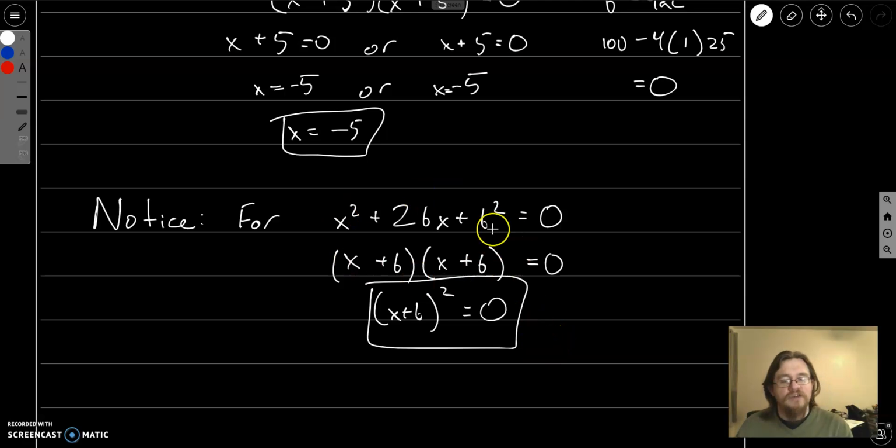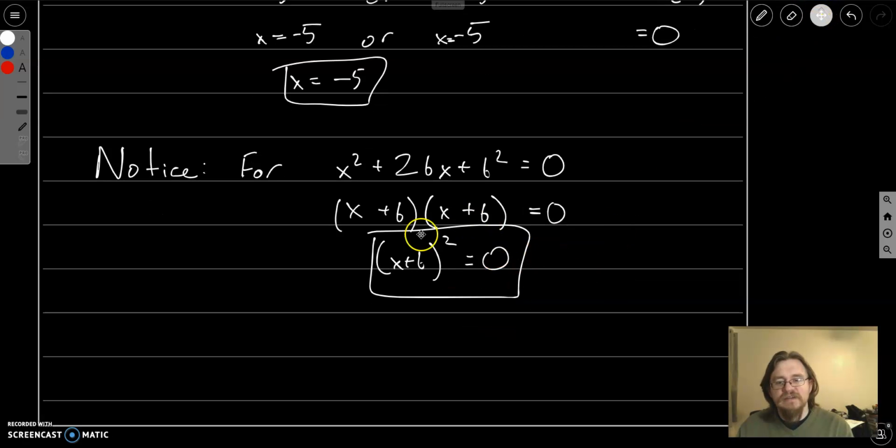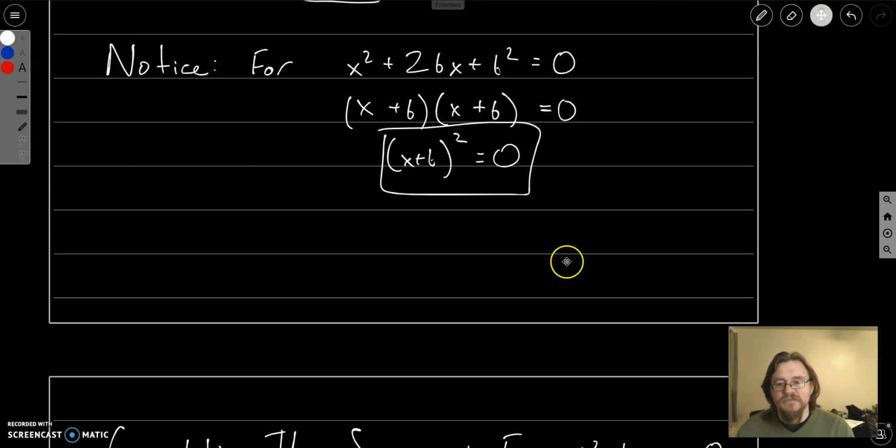And not every quadratic equation is going to look like this, but we can complete this square. So this is called completing the square. We can add something to both sides to get it to look a lot like this, and then we can use this fact to solve the equation.